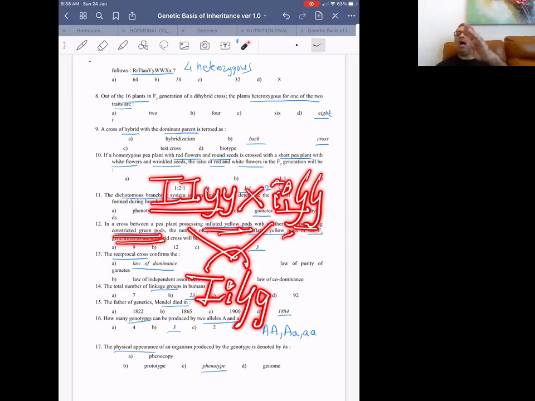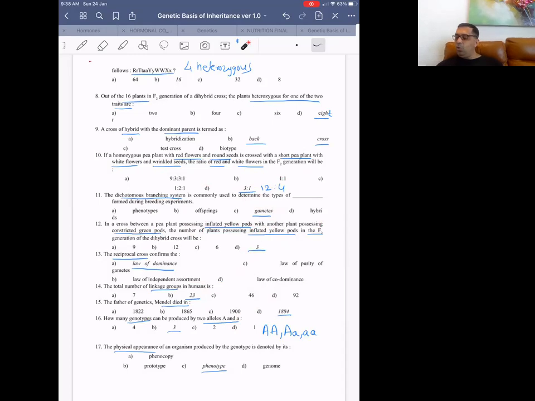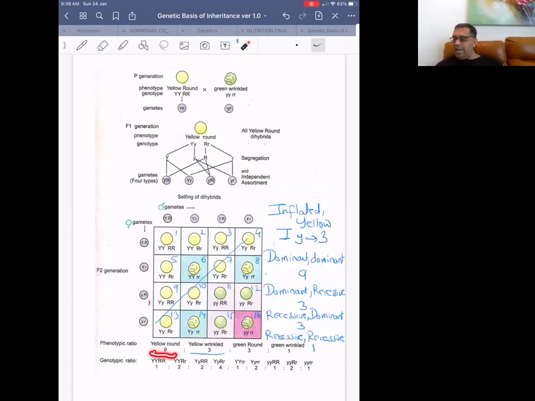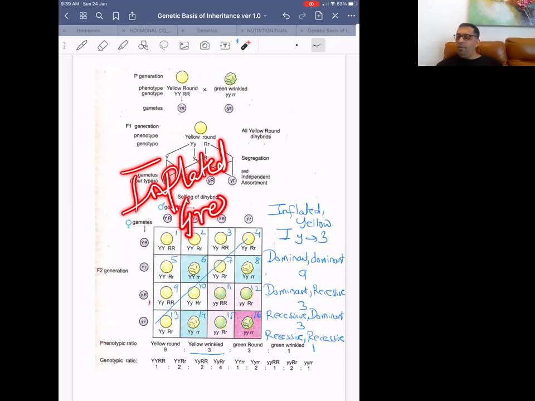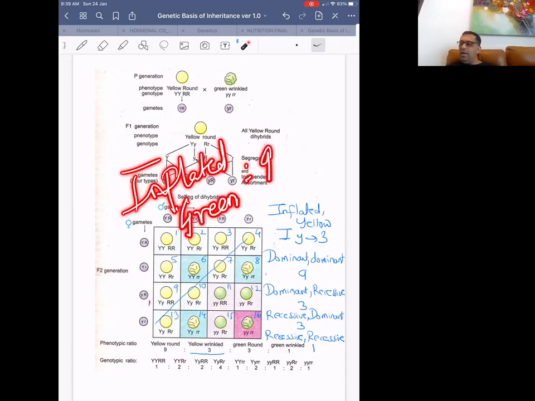अभी इसका selfing किया तो F2 generation में क्या आएगा? 9:3:3:1, in which 9 will be inflated green pod. Correct. Inflated green pod will be 9, and then inflated yellow pod will be 3.